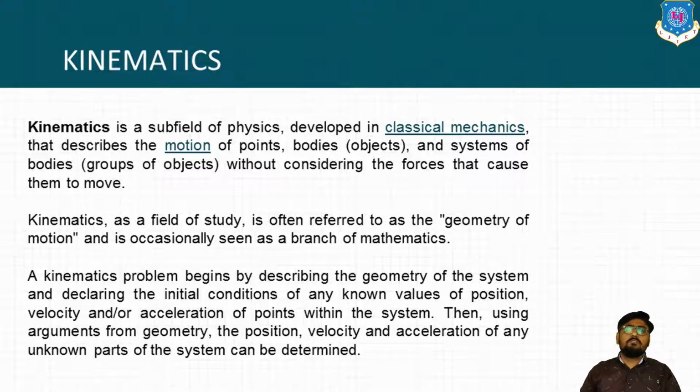It is used to predict the motion at a certain time interval: after a certain time, what will be the type of motion? It is used for prediction from the basic knowledge of velocity and acceleration. It understands the type of motion without considering the force that causes the motion. So that was all about kinematics.